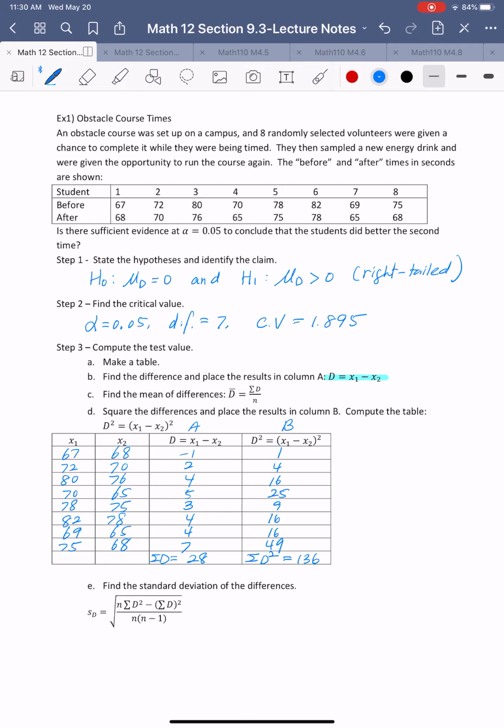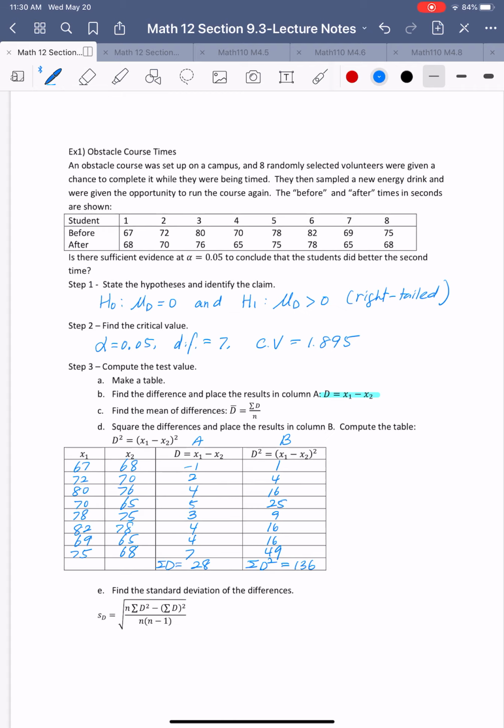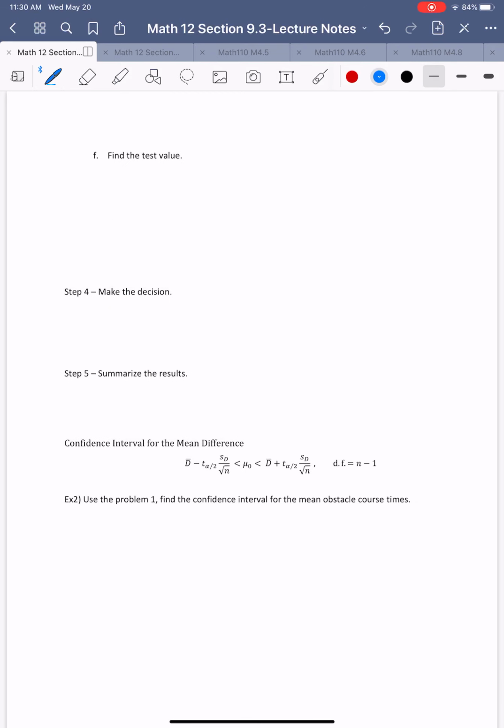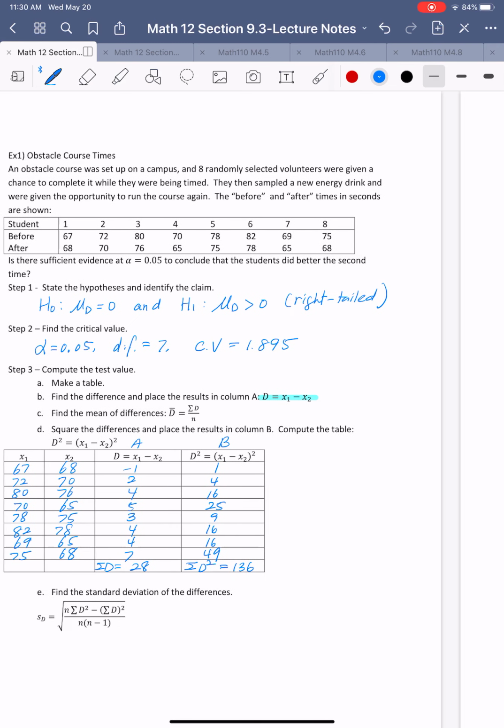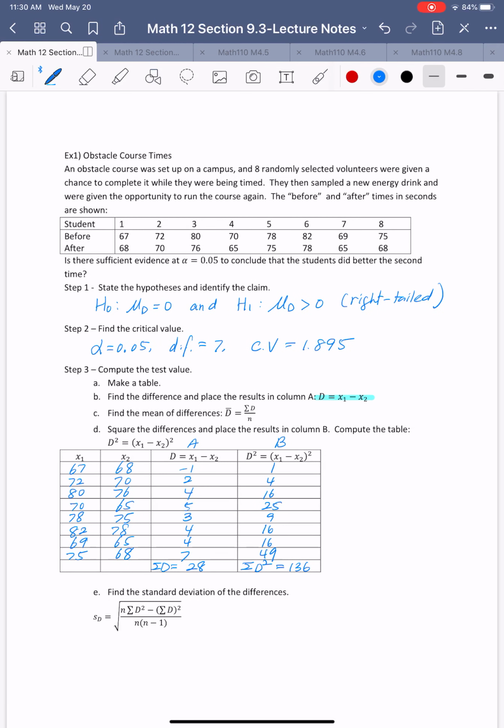All right, and then F, we have to find the test value, which is, I think I'm missing something in here. Hold on a second. Yeah, I think the E and F are kind of changing here. Oh, let's do the standard deviation first. Okay, so find the standard deviation. You just need to plug it into the formula.